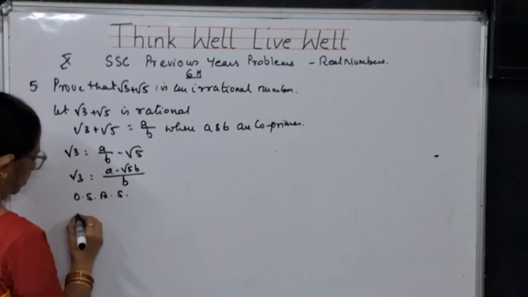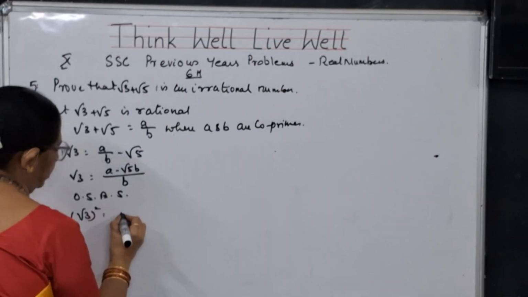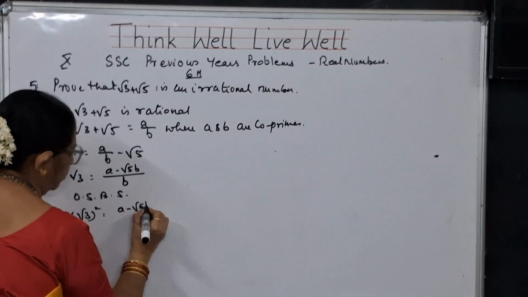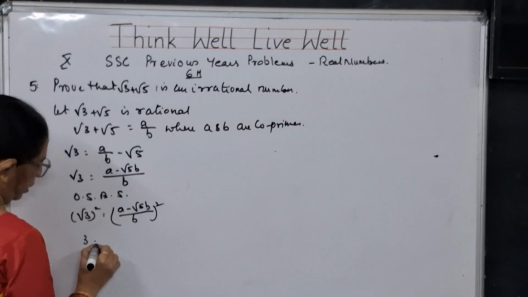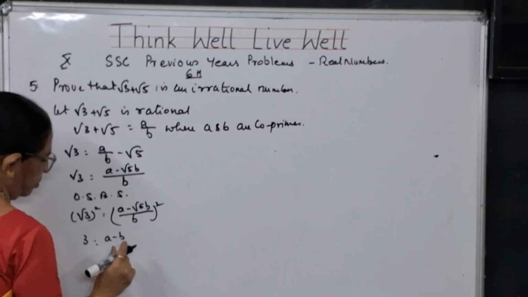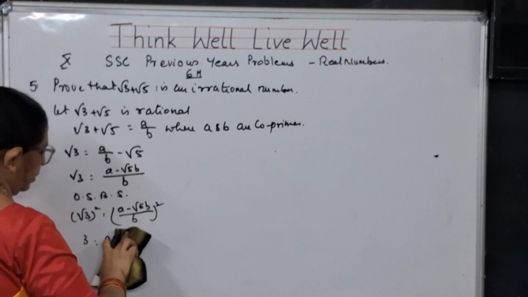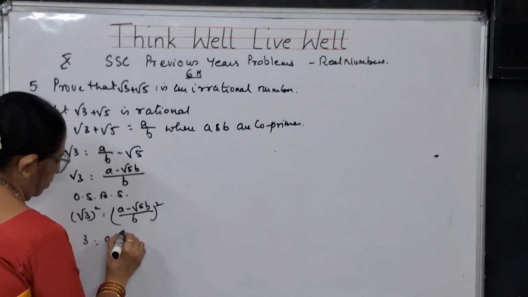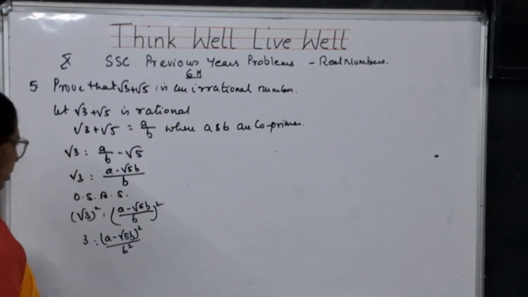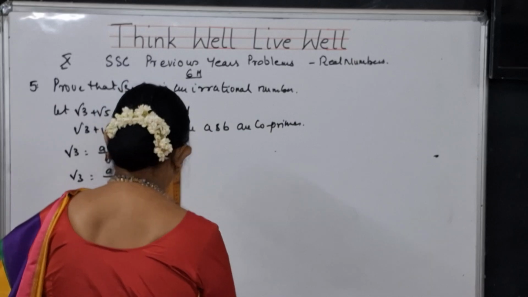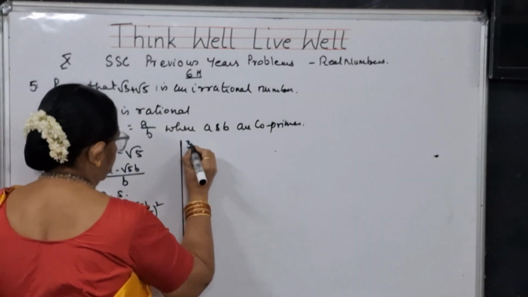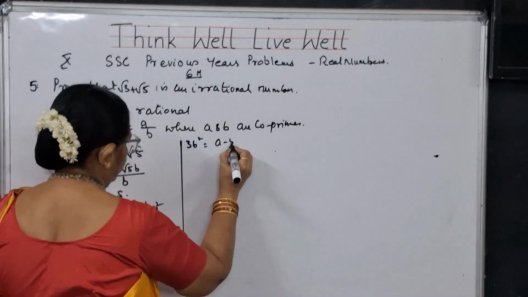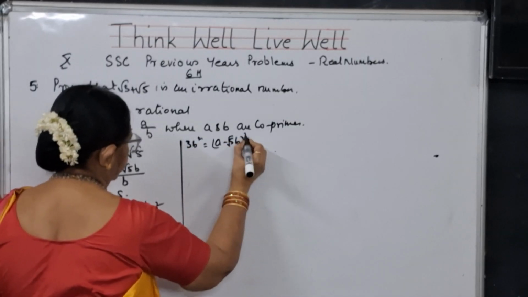On squaring both the sides, what am I getting? Root 3 whole square is equal to a minus root 5 b by b whole square. That means 3 is equal to a minus root 5 b whole square by b square. That means 3b square is equal to a minus root 5 b whole square.